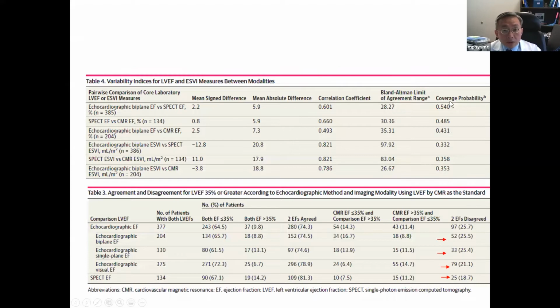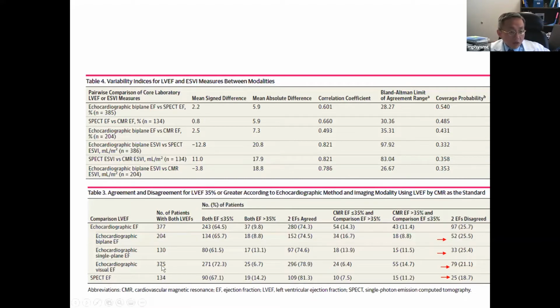Okay, so this is another example. You can see the agreement range for SPECT is a little bit smaller compared to echo versus CMR. And this is, I think, the most important slide in terms of agreement and disagreement for calling the ejection fraction more or less than 35%.